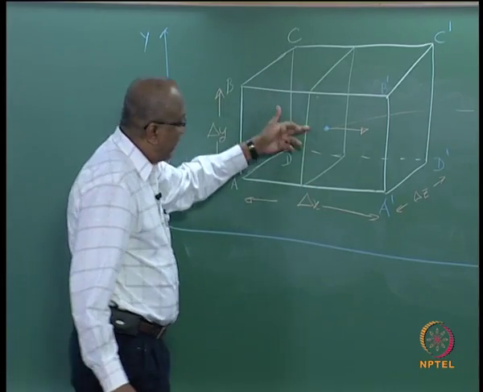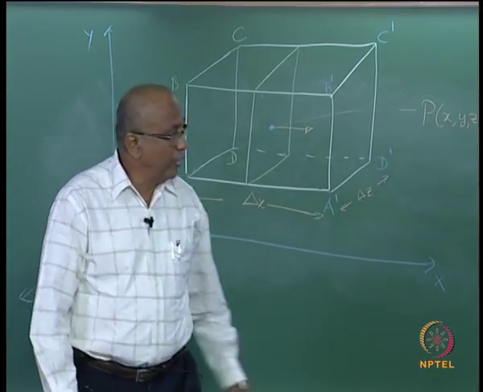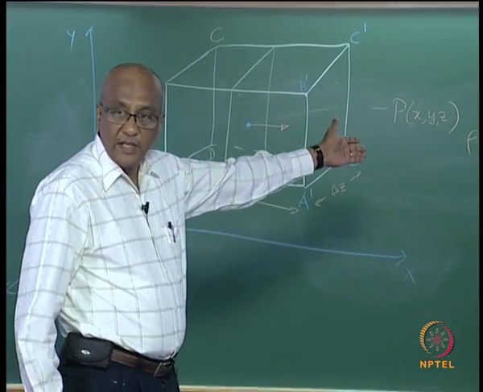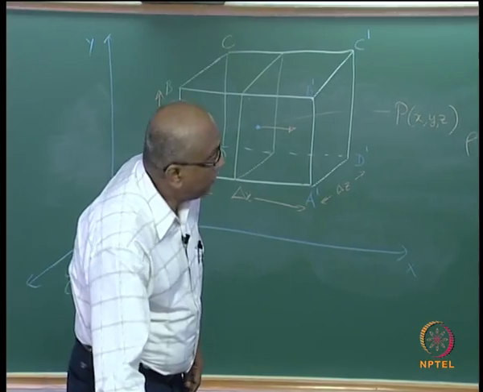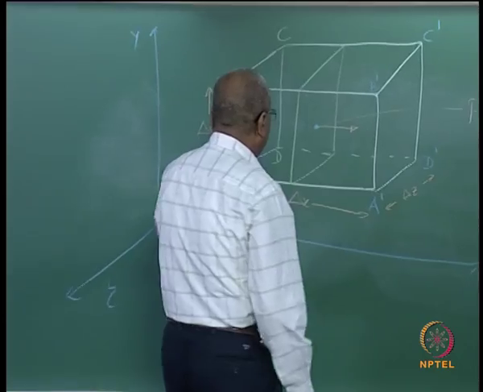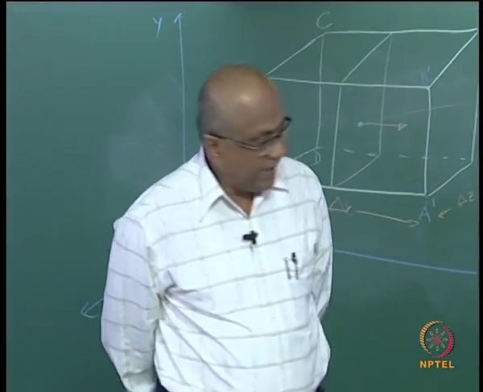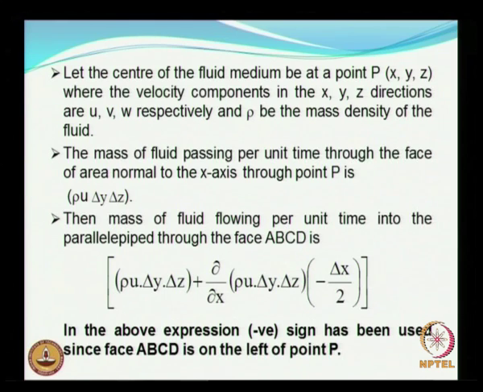So through this plane at this point, the center point, the flow is taking place and the mass of the fluid will be as indicated here. So now, we consider that u, v and w are the velocities in the x, y, z direction and rho is the mass density.